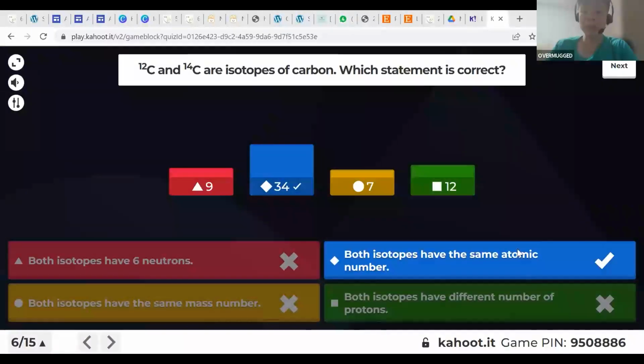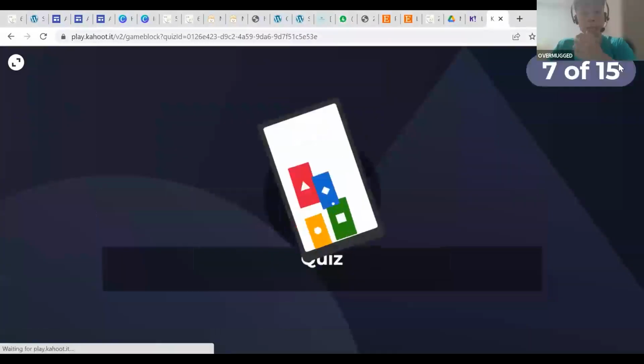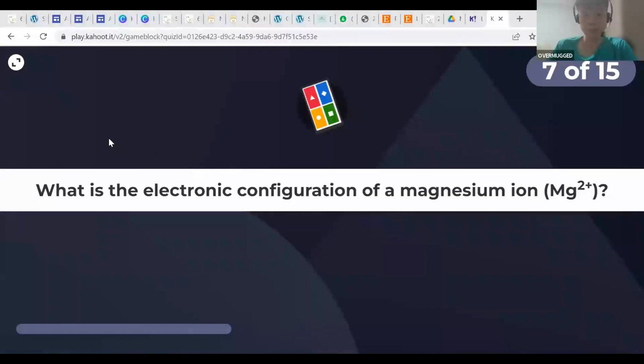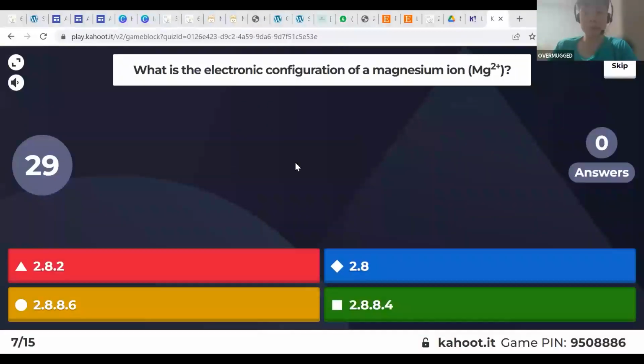Isotopes: same number of protons, which is the atomic number, different number of neutrons. That's easy. Magnesium ion, not atom.